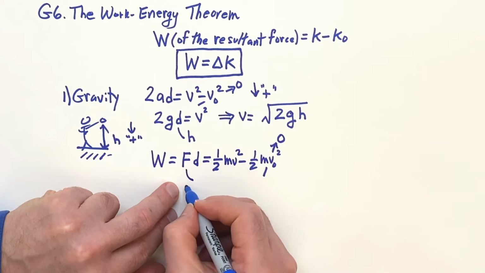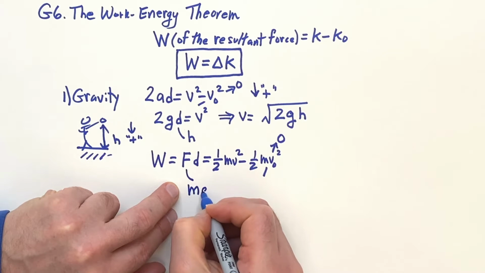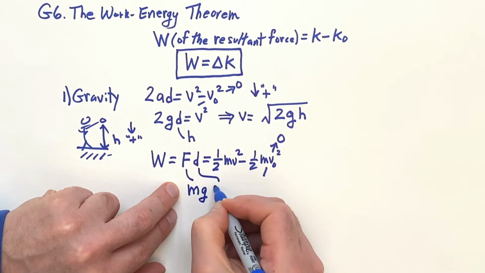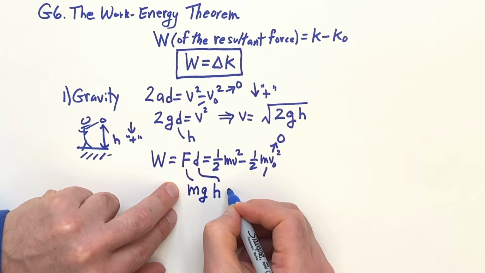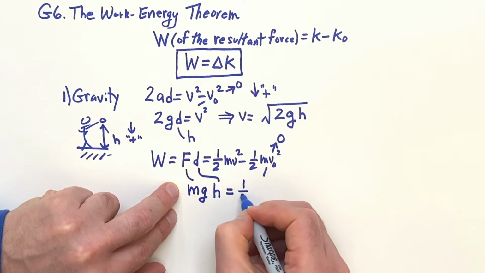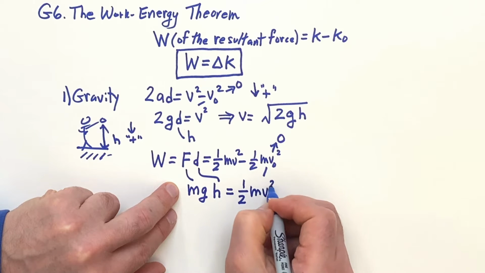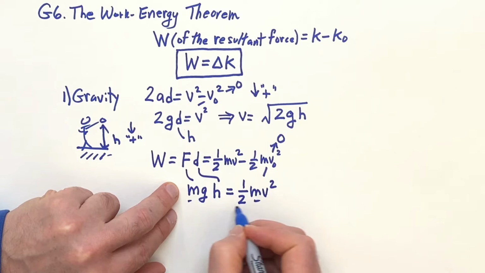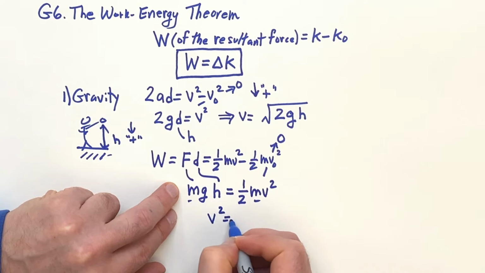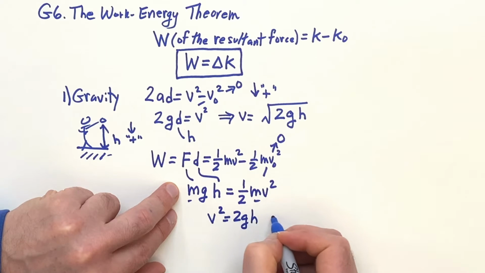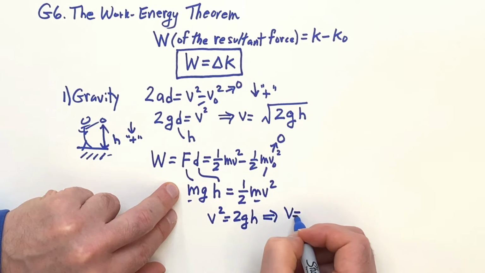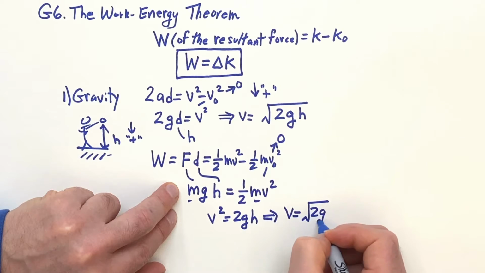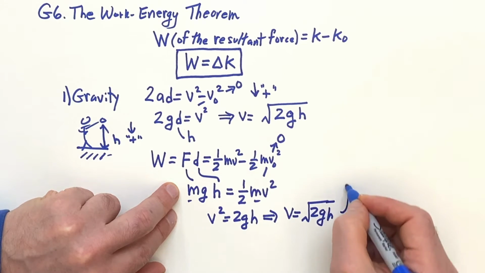And here we have force mg, d is h, and this is going to be equal to 1/2 mv squared. The m's cancel, and the v squared is 2gh, and that gives us the same answer as before.